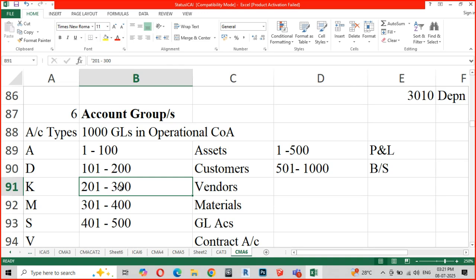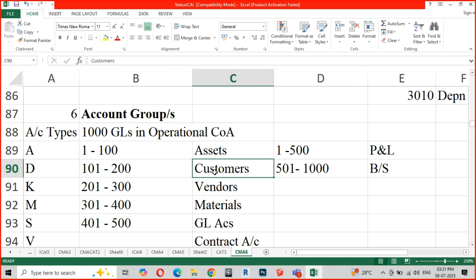Account number 101 to account number 200 is your customers. This also is the activity of a consultant. Here, the end user does not have any role. All right, clear?